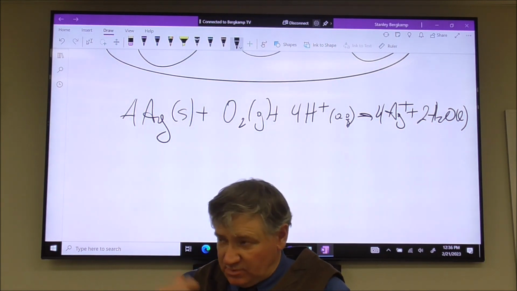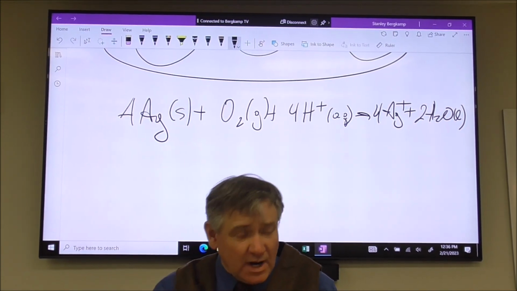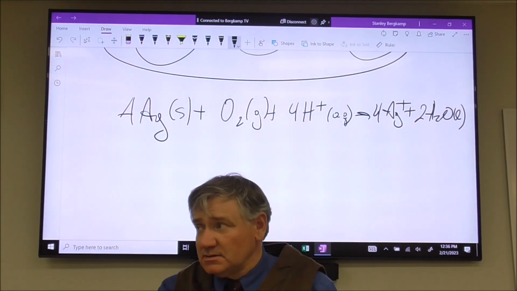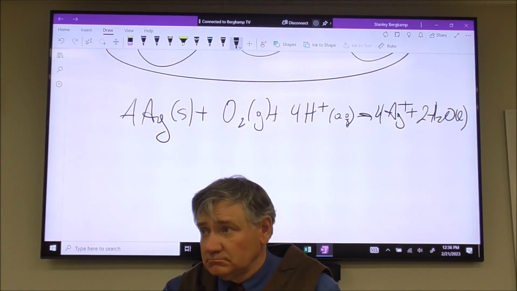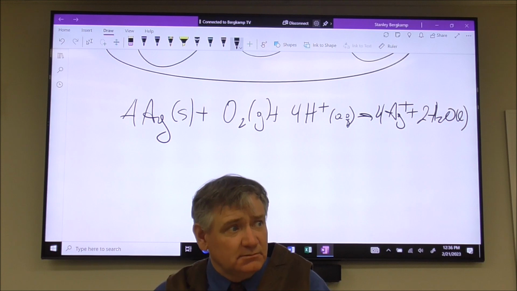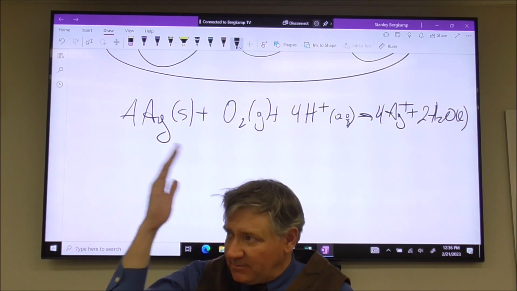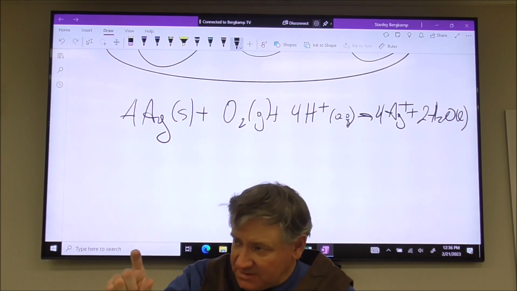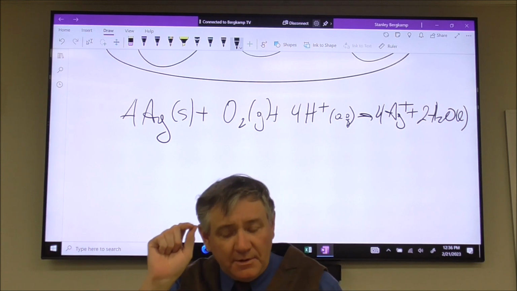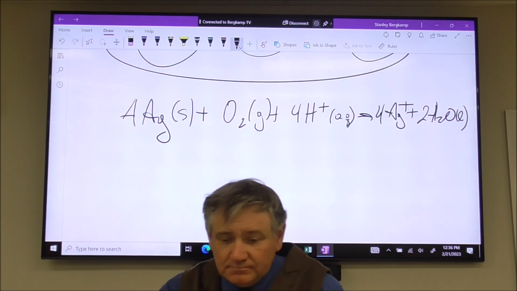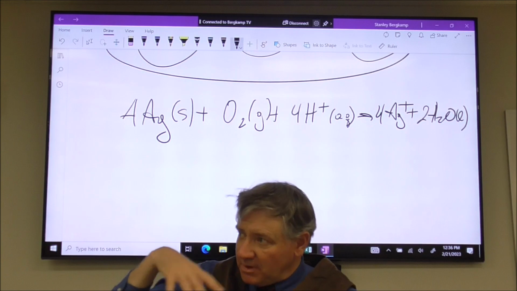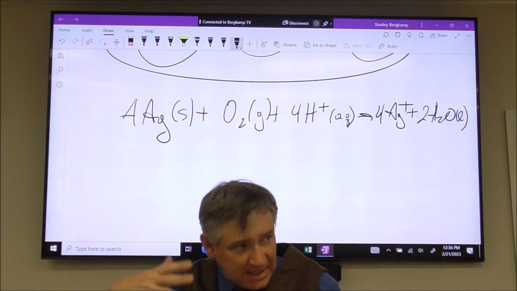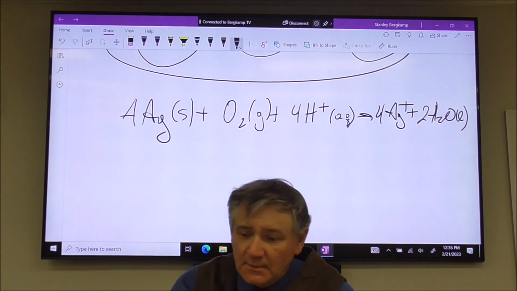H plus means we need a bunch of hydronium ions, so it's going to be in an acidic environment. So I would take a piece of silver, put it in an acidic environment, and let it be exposed to the air, so that's where it can get its oxygen from.